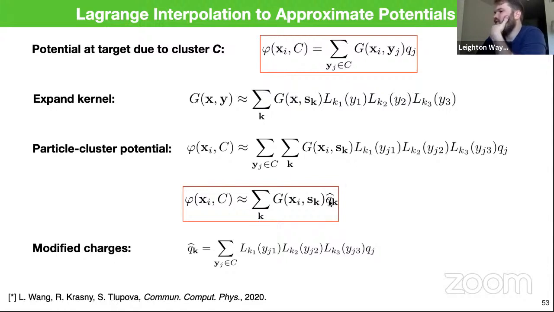And our charges are now these modified charges. So you can kind of see why we call them the modified charges. The fact that these look so similar ends up being very, very important for us, that these both take a very similar form, where even after we do this interpolation, this approximation, it looks a lot like a direct sum.